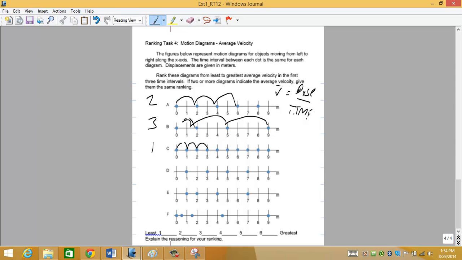In this case, that would all be positive. In D, 1 time interval, 2 time intervals, 3 time intervals. Displacement, positive 6. Time, 3 seconds. Average velocity, 2 meters per second.